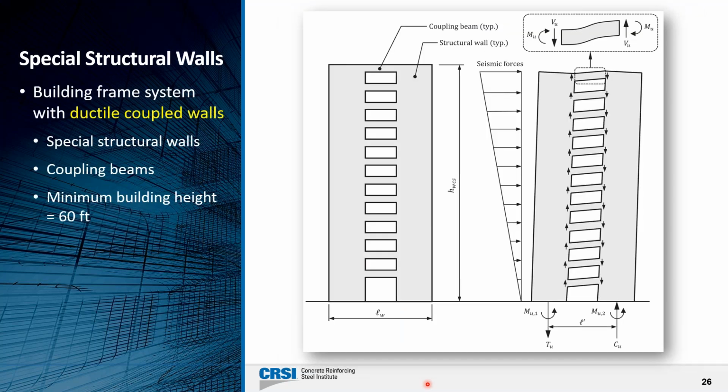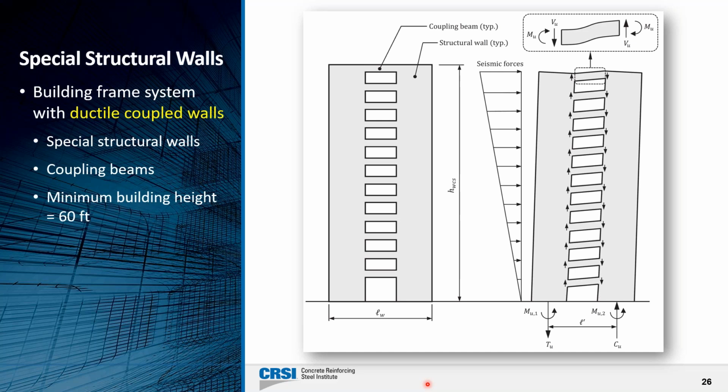Now let's move on to this new system, the ductile coupled wall system. Prior to the 2019 edition of ACI 318, as well as prior to the 2022 edition of ASCE 7, there was no way to distinguish between a wall that was not coupled and one that is coupled.